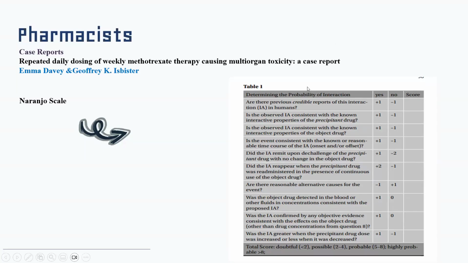Here is our Naranjo scale, where we use these 10 questions to assess causality. We assess the temporal relationship, effect of re-challenge and de-challenge using the score. We all know that a score between 5 to 10 is a good score showing that the adverse effect is probable or highly probable.